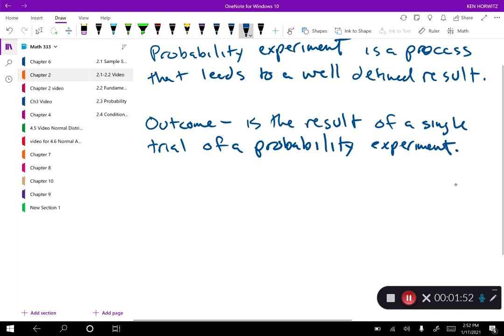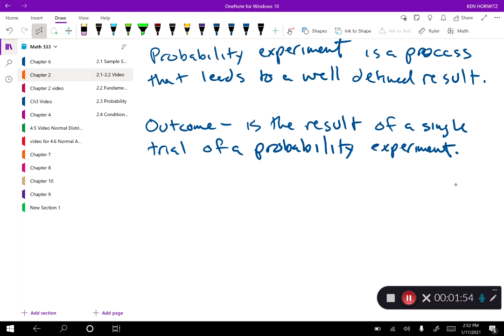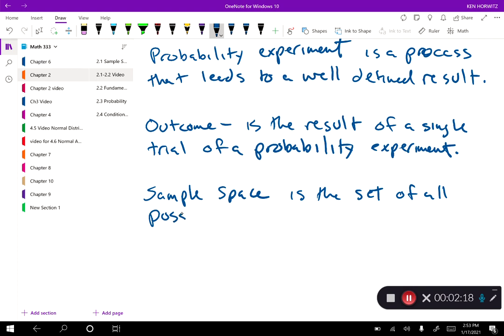The third term I want to talk about, and this one is probably the most important, is called sample space. Sample space is going to be used a lot. A sample space is the set of all possible outcomes of a probability experiment.